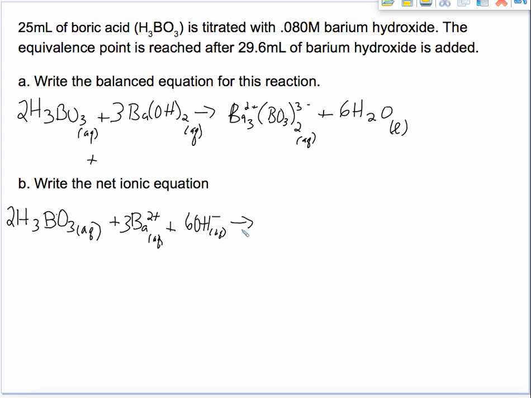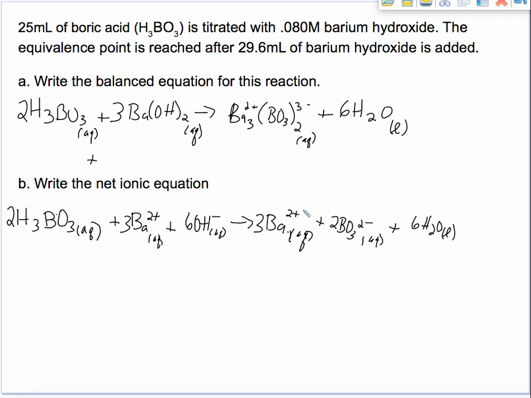Okay, now the salt over here is like an ionic salt. It's going to break apart into ions. They normally do unless they're solids, but if they're aqueous, you can assume that they break apart. Well, we have 3 barium ions, and we have, supposed to be a parenthesis there, plus 2 borate ions, okay, and plus 6 waters, liquid.